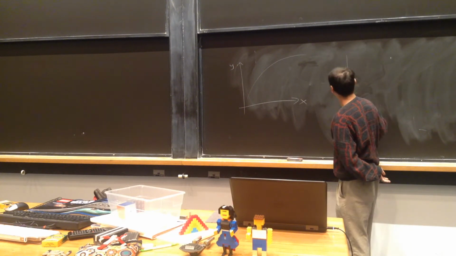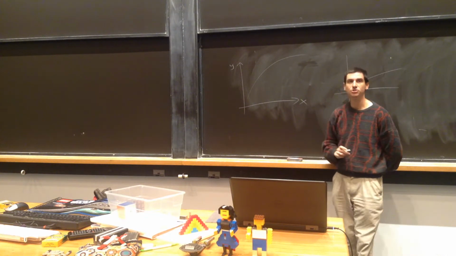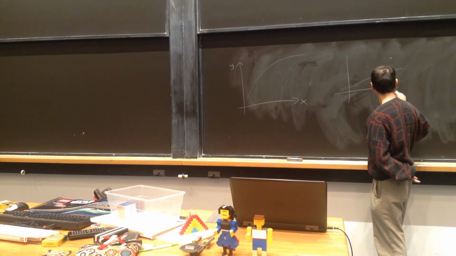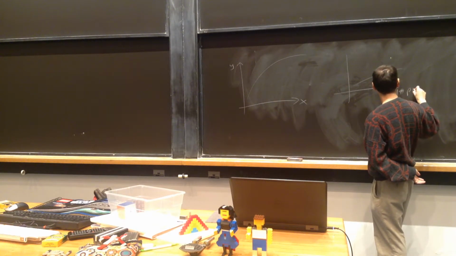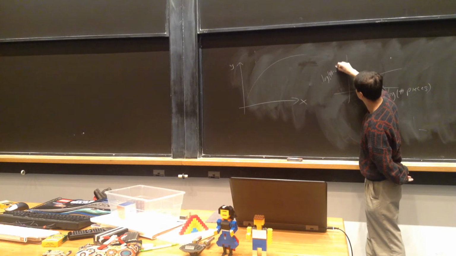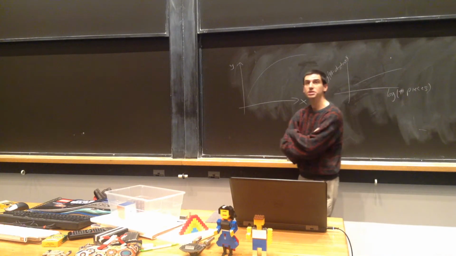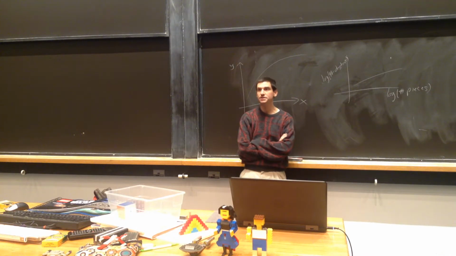And so here the slope would be less than 1. So maybe it would be something like this on a log-log plot. So log of number of pieces, and here the log of number of distinct. And then it becomes an interesting question to look at how many different distinct pieces do you have? How many copies of them do you have?